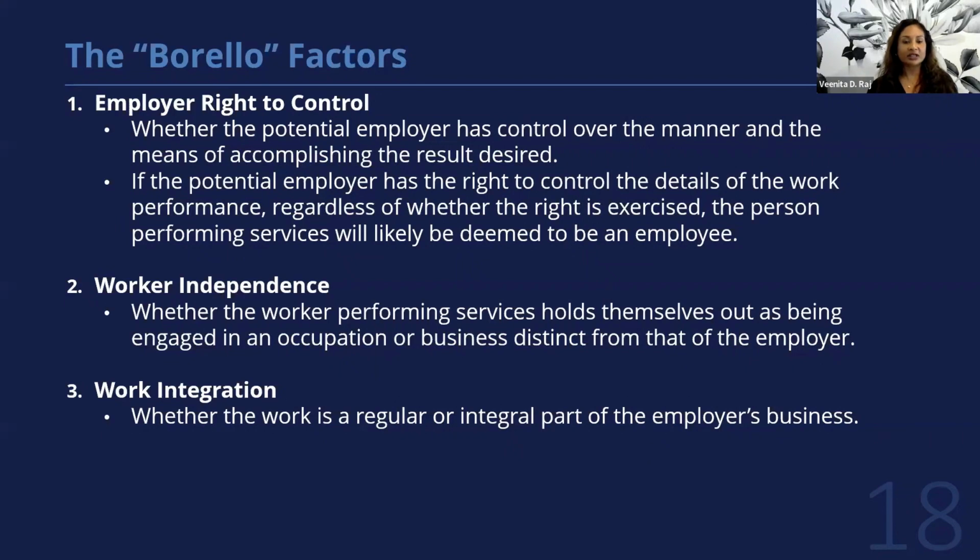The second factor is worker independence. This basically means whether the worker performing the services holds themselves out as being engaged in an occupation or business that's distinct from that of the employer. Third factor is worker integration, whether the work is a regular or integral part of the employer's business.